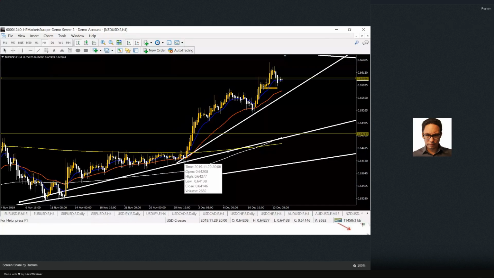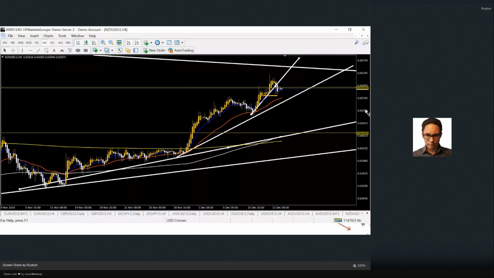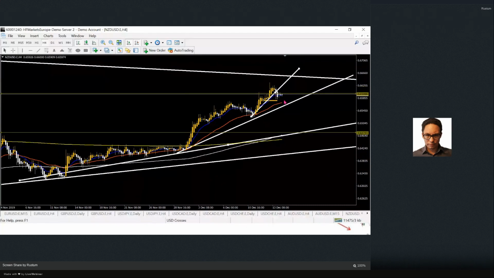With Dow theory, you measure the trend itself, the line, the impulse move up, and the next impulse move up was actually shorter. It's pulling back at this level.